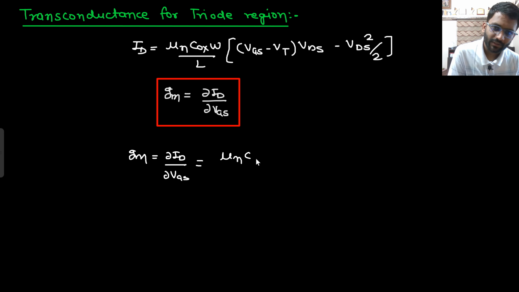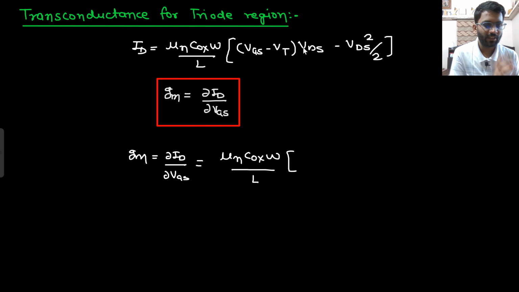Mu n Cox W by L. Now you will go inside. VDS is a constant value only. Why is it constant? Because we are differentiating with respect to VGS. If you differentiate it with VGS, this will be 1 and VT will be 0.